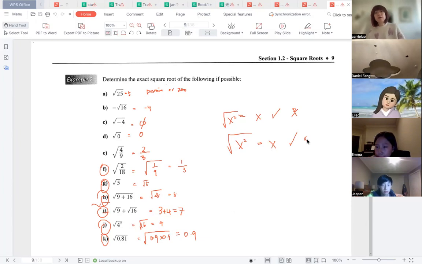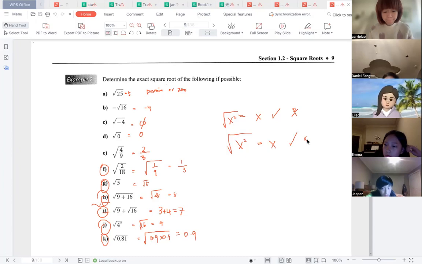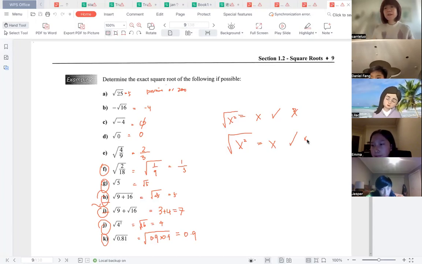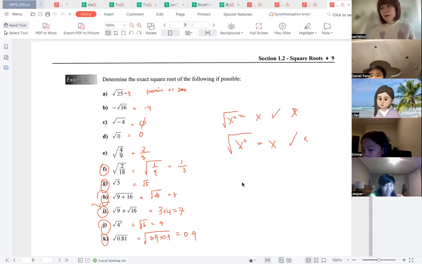I want everybody to think about it. 谁在那边打字 Jasper？我老师问你们，你们觉得这个对还是错的啊？Okay, so how do we find out if it is right or wrong?